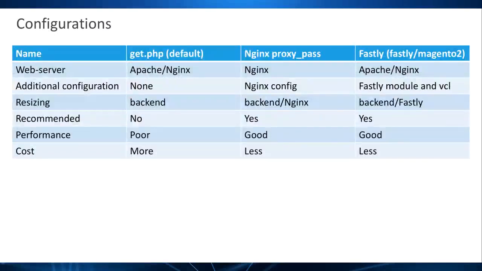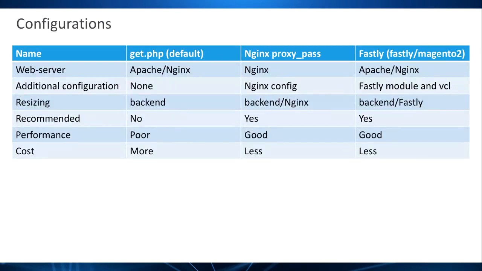Once you configure Nginx or Fastly properly, it will resize on the fly. The greatest advantage is that it will cache it properly, and it will not store it in your file system. It will not have any additional hidden costs because you don't really need to store them. It will be stored on the edge cache side.